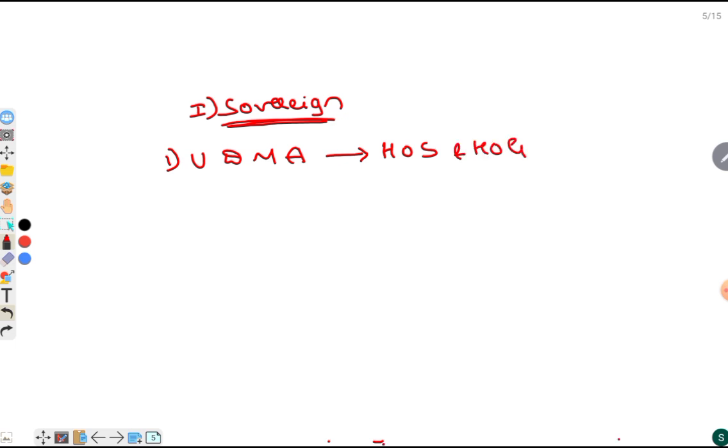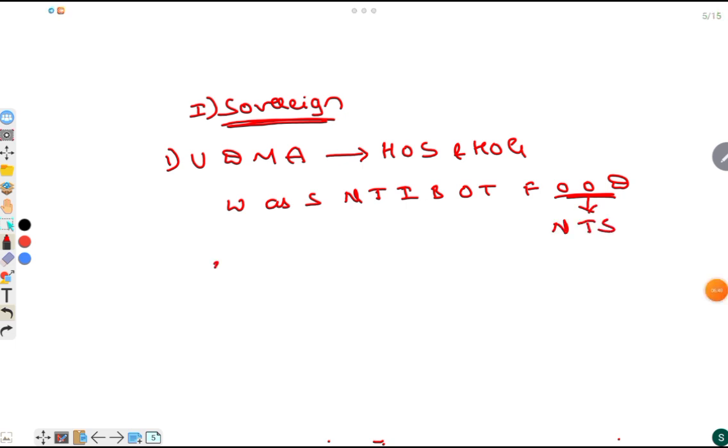Why is this sovereign objective important? It is important because we as a state should not get influenced by other countries for our own decisions. If we are getting influenced by other countries for our own decisions, it means we are not truly sovereign.